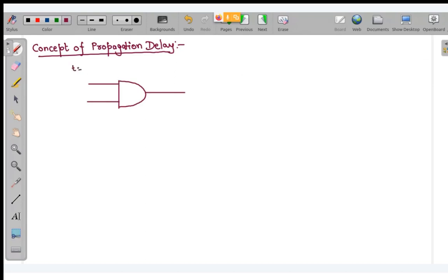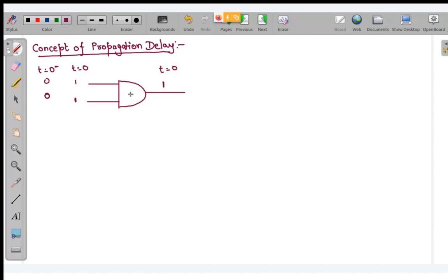That means at t equal to 0, if the input to this AND gate is 1 1, and at t equal to 0 minus there was no input given, so this was 0 0, then for an ideal AND gate, immediately when I apply the input, the output will also be generated, so output will be 1.